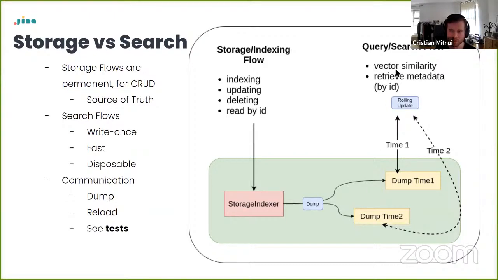And the search flow is the one that performs the vector similarity lookup and then retrieves the metadata of the vectors that are the matches for your queries. And you can update the search flow via this rolling update operation. Again, this is documented and we will send the links out.